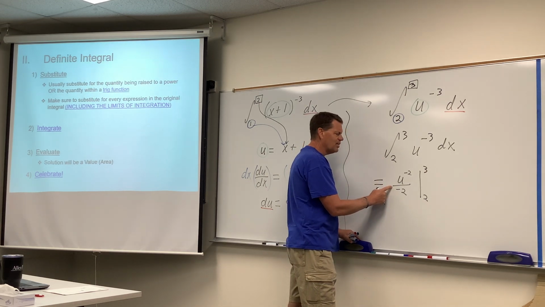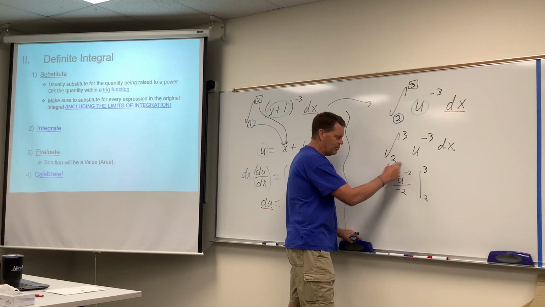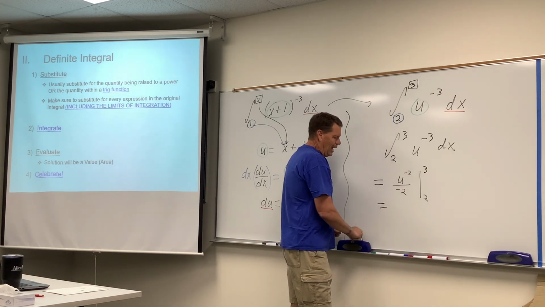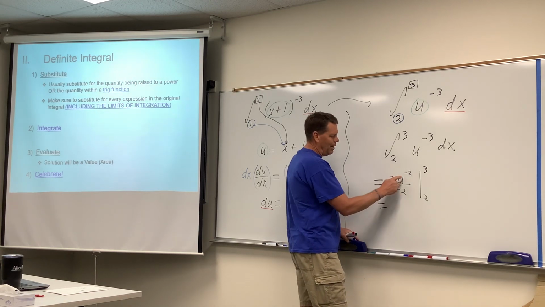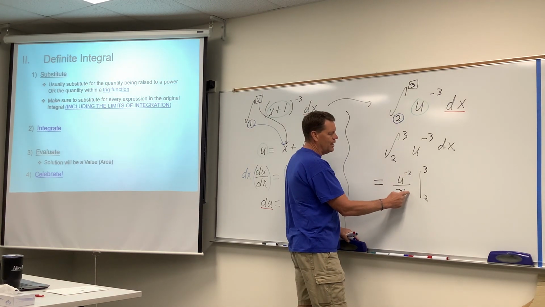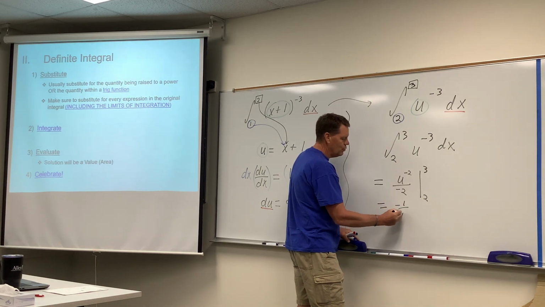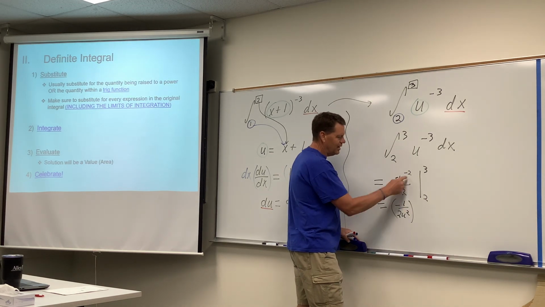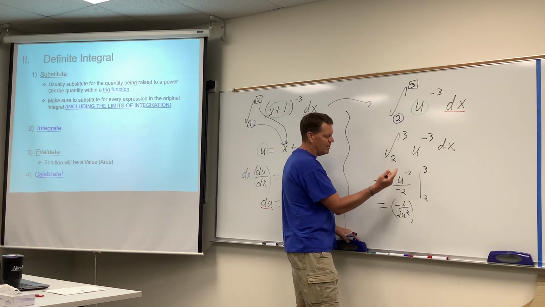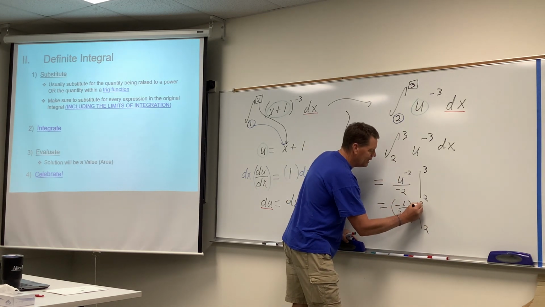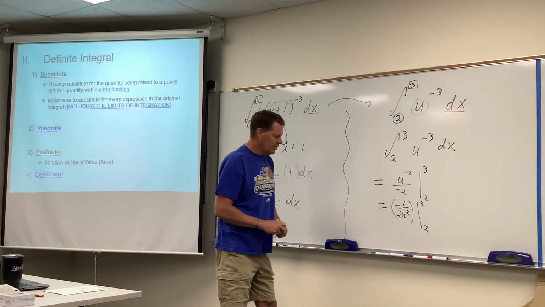I would suggest in this example that we go ahead and rewrite this expression first. I'm kind of running out of room, but I'm going to take that u to the negative 2 back underneath. So this expression would simplify to negative 1 over 2u squared. Take that underneath. I move the negative upstairs. A couple little algebra things here. And so that was a little bit of a rewrite of that expression.